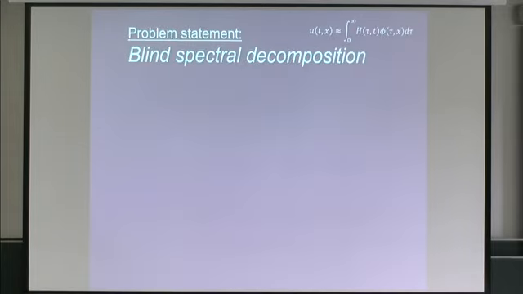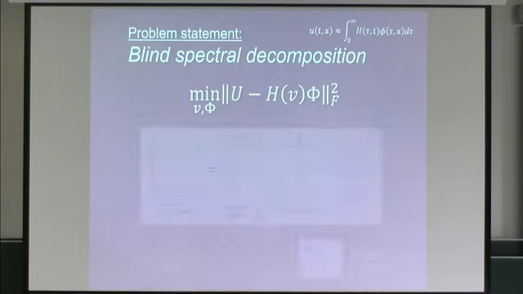We formulated something we call a blind spectral decomposition. We want to say that the flow u_t in every place, now this is the continuous formulation, is approximately an integral of some decays and a coefficient. This is what we want to minimize with respect to some decay v and coefficient phi.